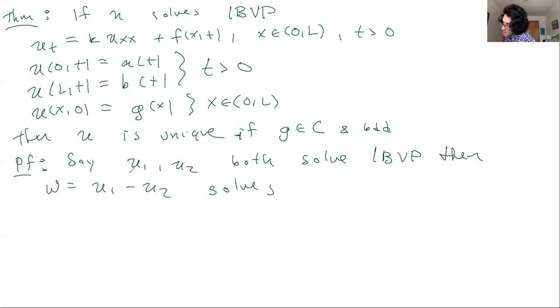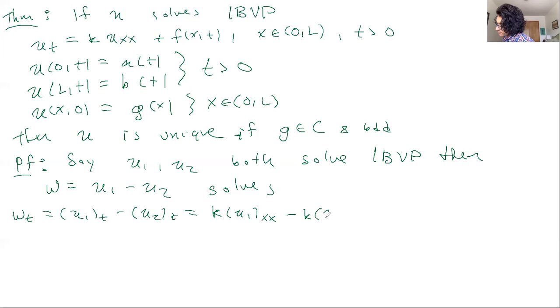If I take W sub t, I get U1t minus U2t. That's equal to k U1xx minus k U2xx plus f minus f. So our f's cancel, and we're just left with k wxx.